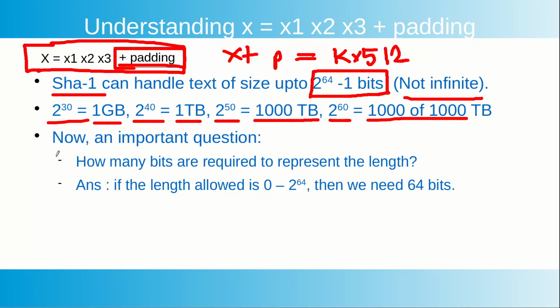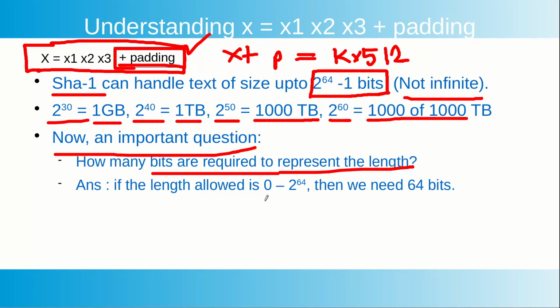Now come down to an important question, and it is important to understand this pattern. How many bits are required to represent the length of the original text? Not the text itself, but its length.